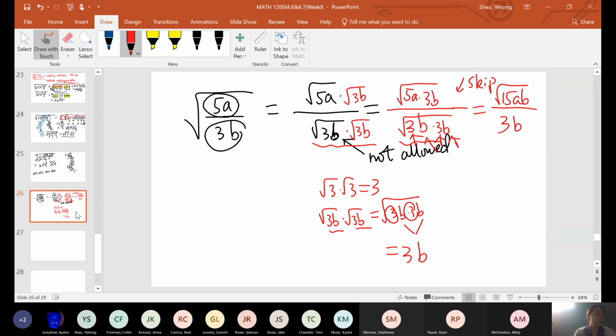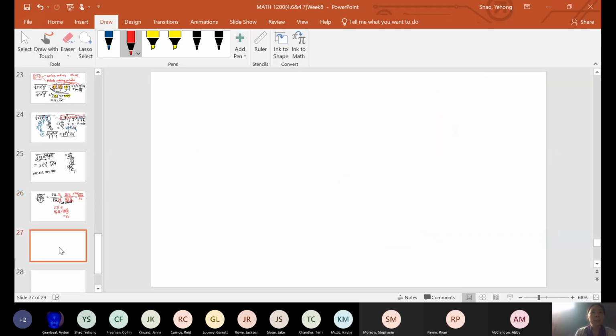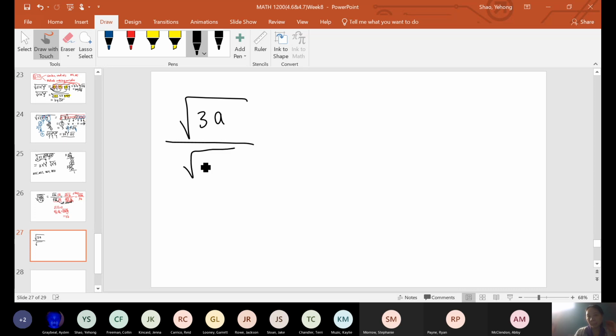Okay. So the final example for today is going to be a similar question: square root of 3a divided by square root of 50b to the 5th.